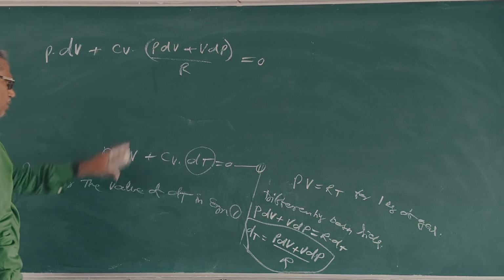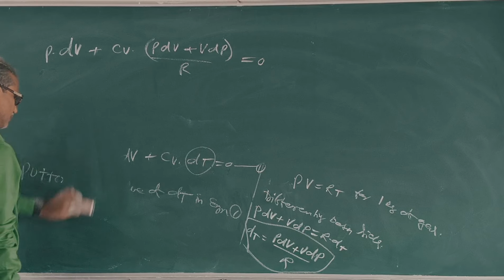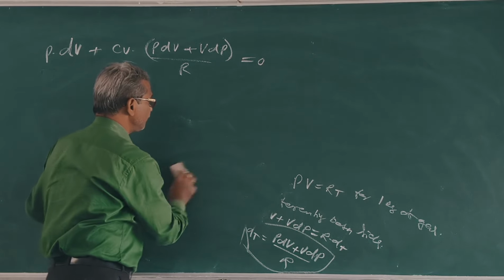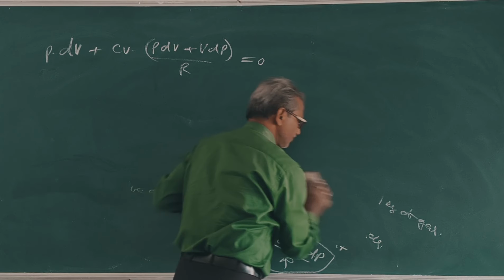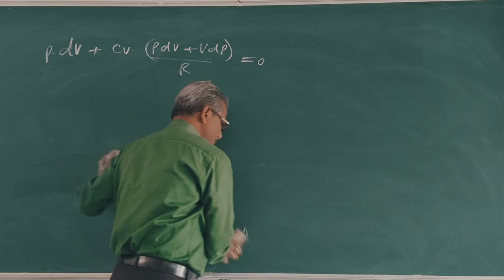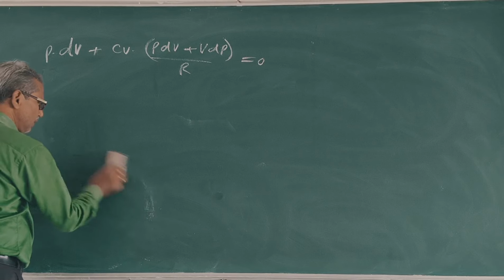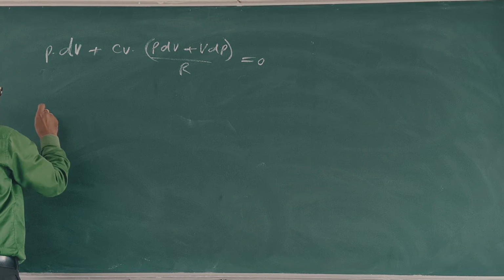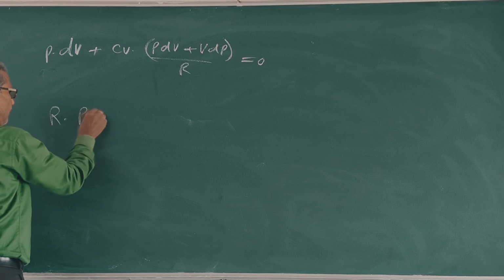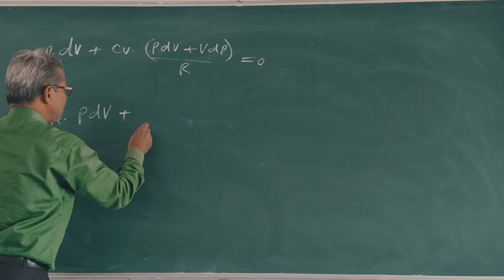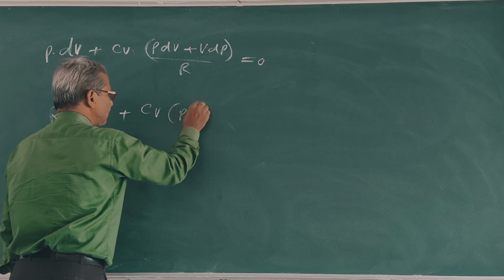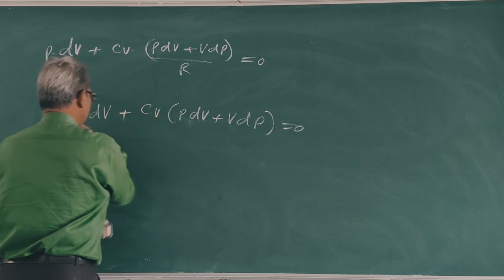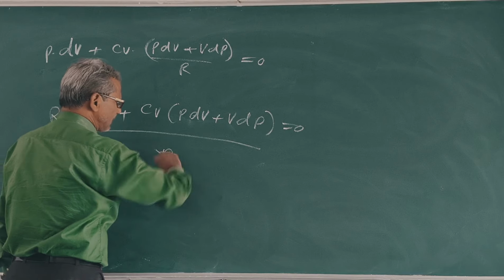Multiply by R: R into P dV plus Cv into (P dV plus V dP) is equal to 0, whole multiplied by R. So R cancels.